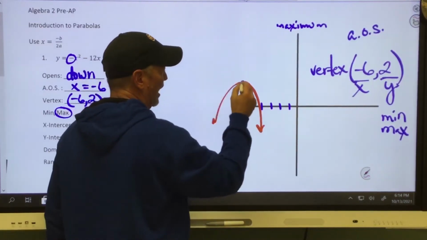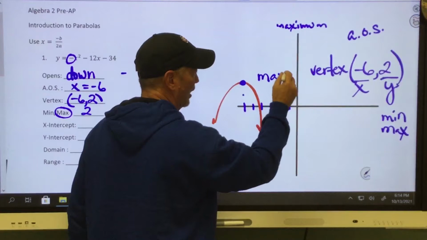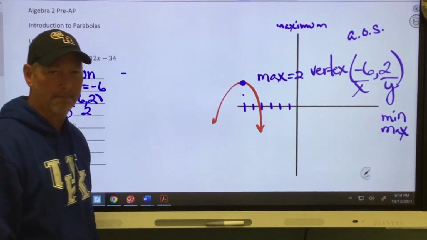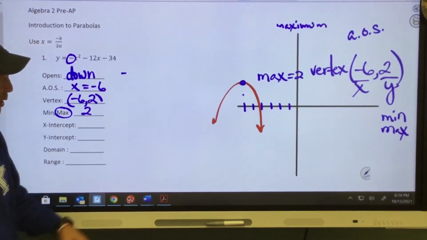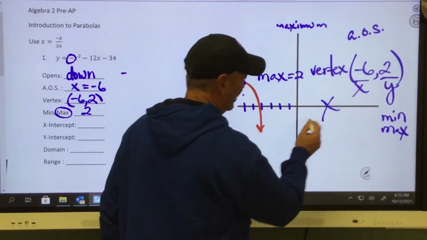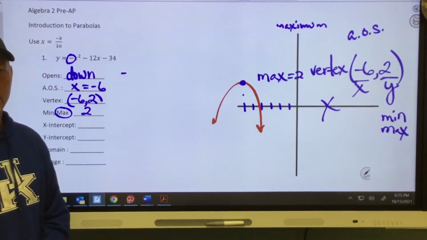But this is the highest point of my graph. It is the max value, and we want the max. Okay? Got it? The next thing we know is we want to know the X-intercept. Where does my graph touch the x-axis? That's what an X-intercept is.